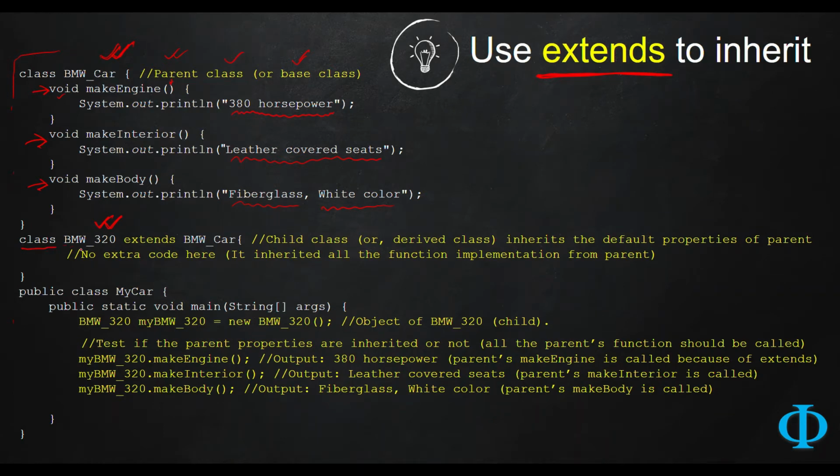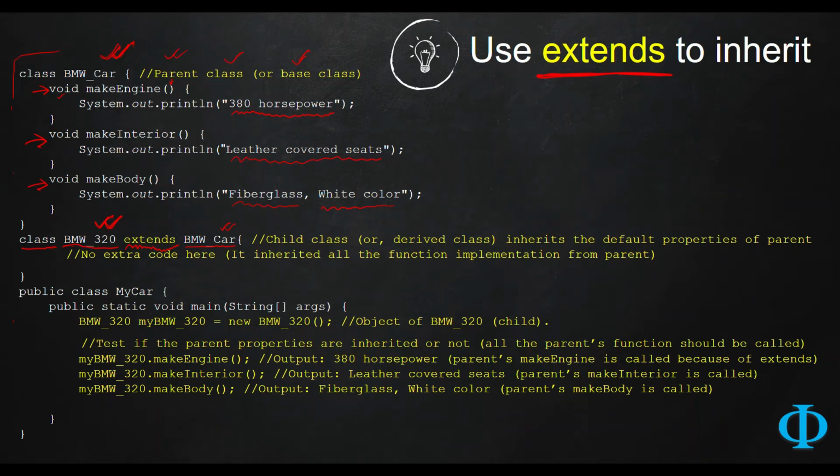So class, followed by BMW 320, and since it wants to inherit the properties from the BMW car class, you have to use this extends keyword over here, followed by the class from where you want to get the properties. The meaning of this entire line, class BMW 320 extends BMW car, is that BMW 320 is a child class which inherits all the properties from the BMW car parent class.